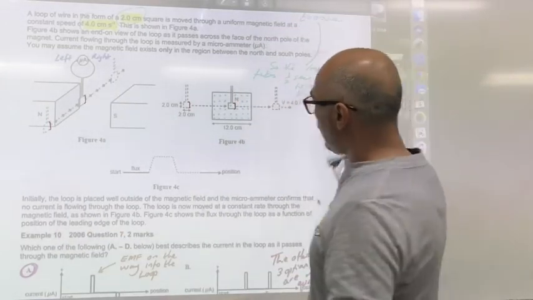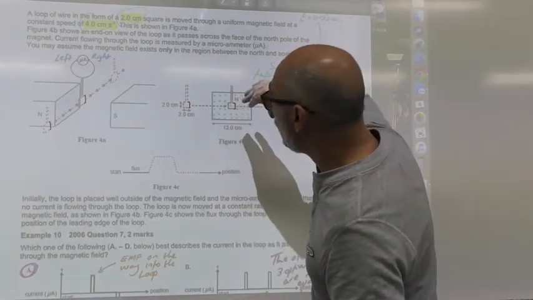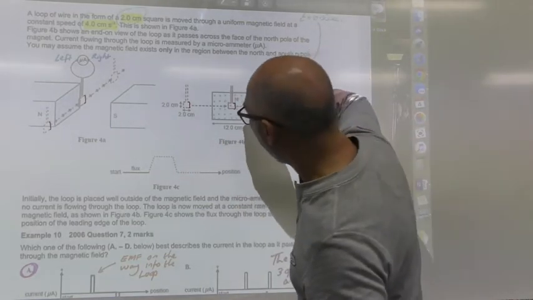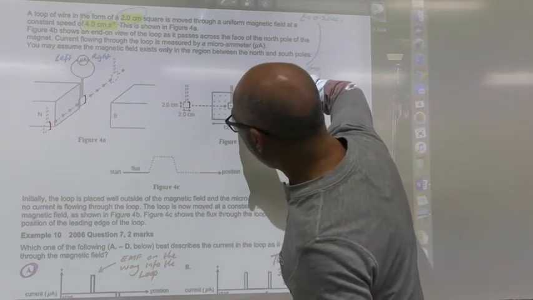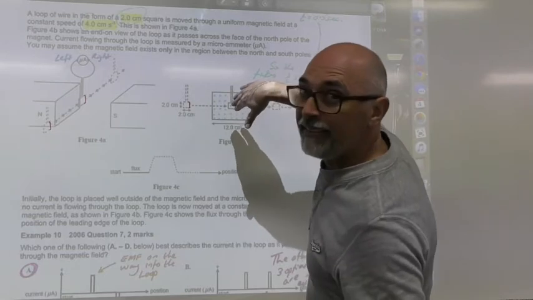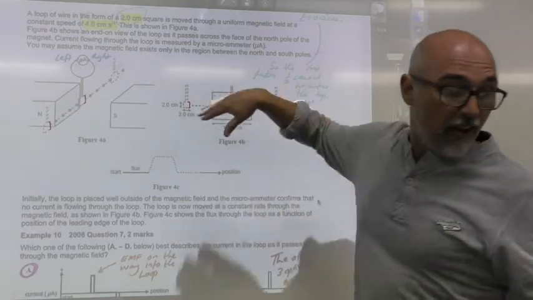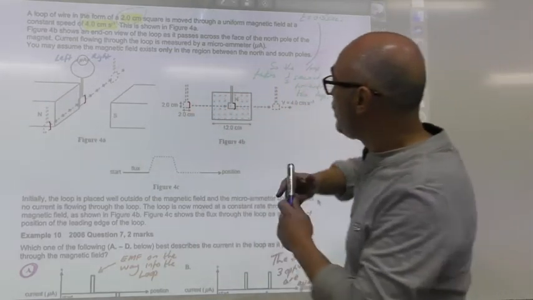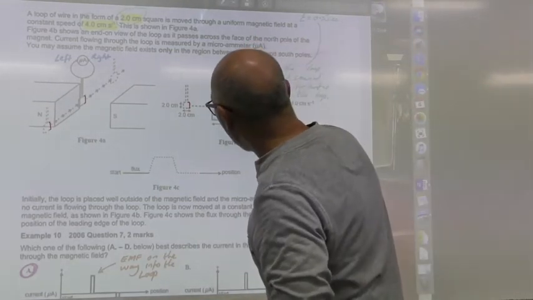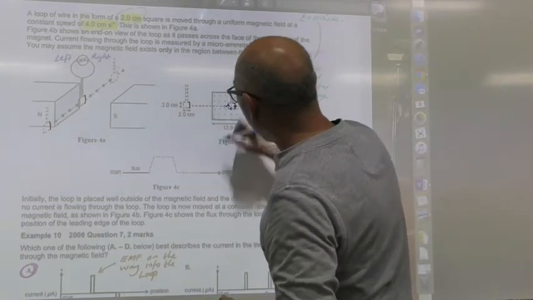So what I'll do is I'll go bam, fingers straight through the loop, okay, to oppose this change, okay? Which way is my thumb pointing? What does that mean? Well, to make a field going down, I must have induced a current going this way through the loop. All right?